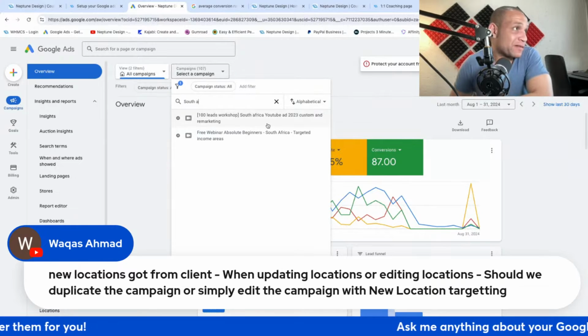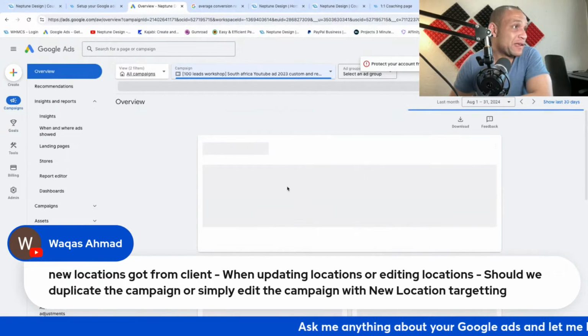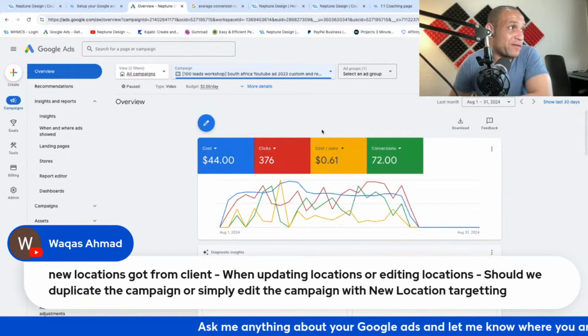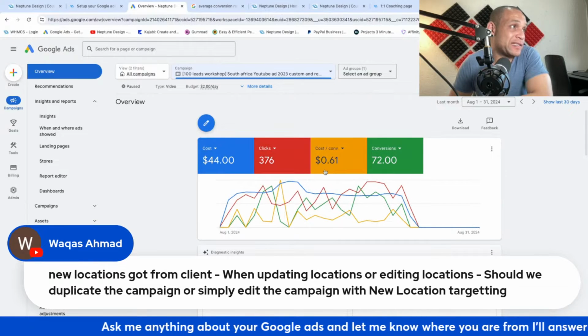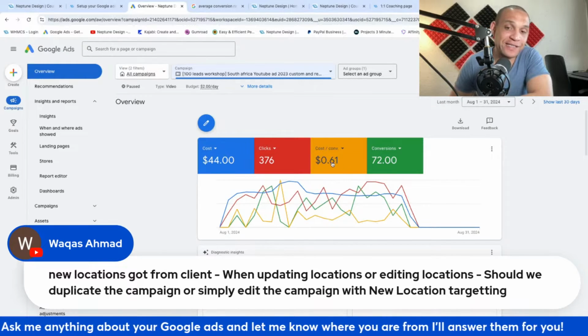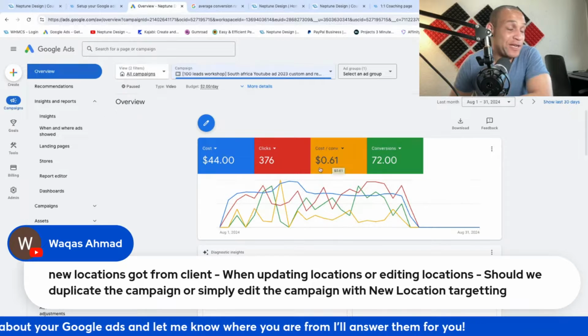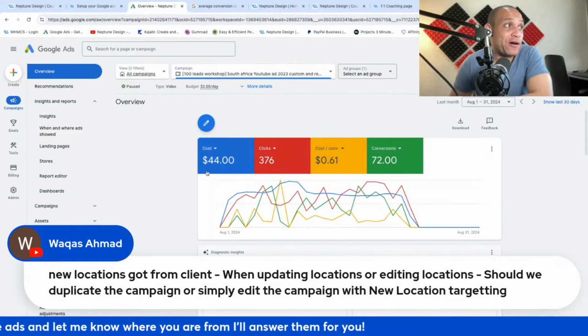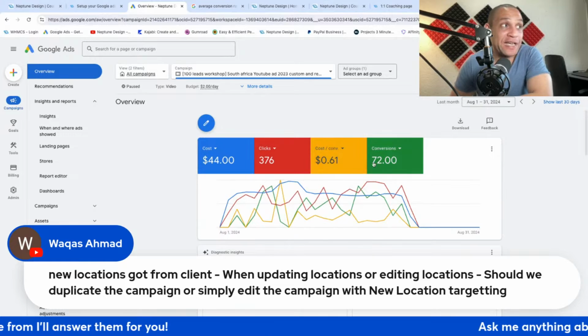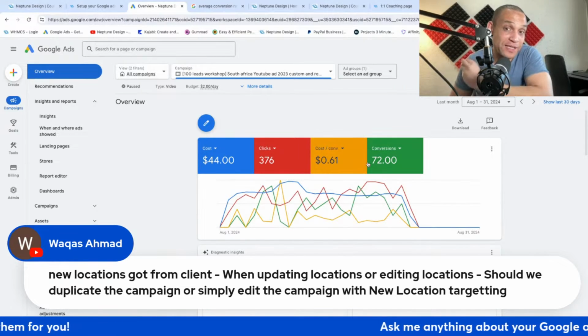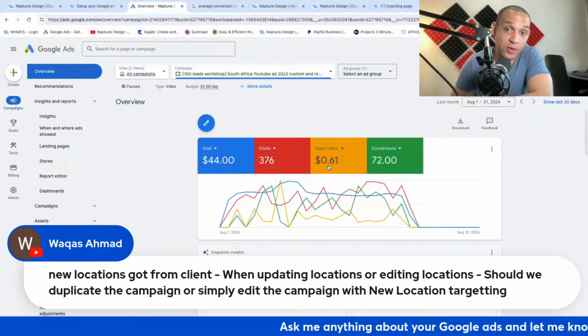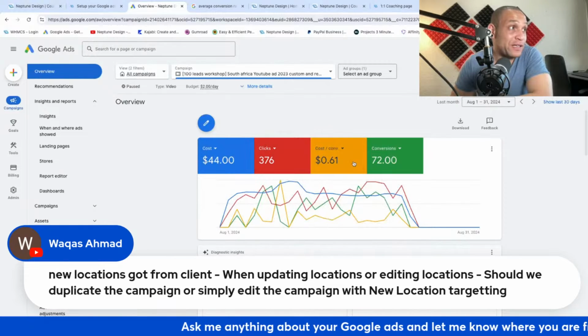South Africa. You see I said South Africa over there? I want you to see my cost per conversion over here. 72 leads, cost per conversion, 61 cents. Why do I not sound happy about this? I'm not happy because all of these 72 people didn't end up buying, because the affordability in South Africa was horrible.